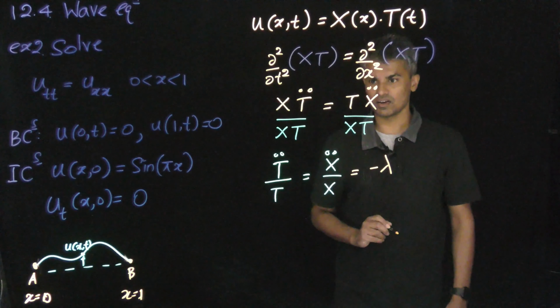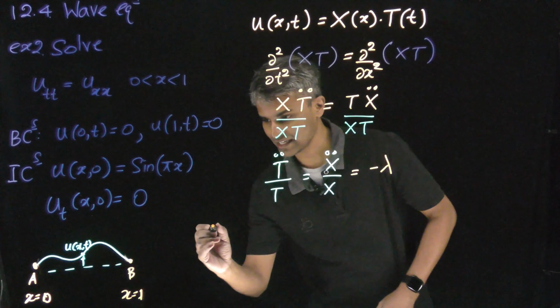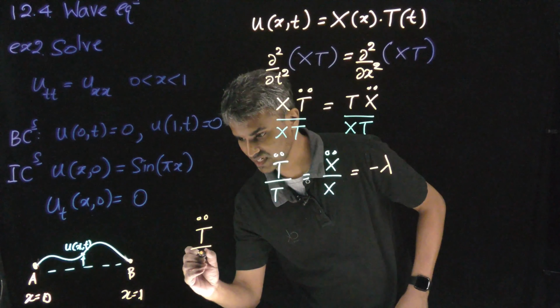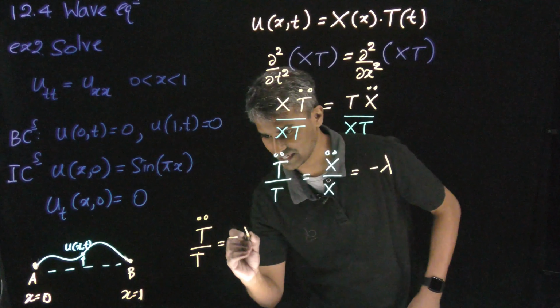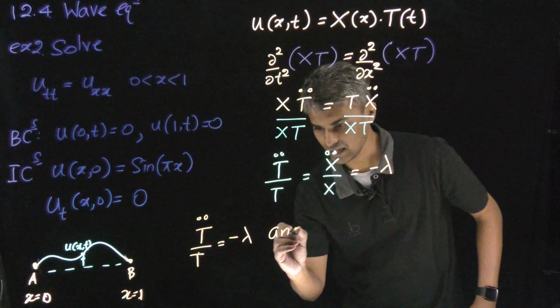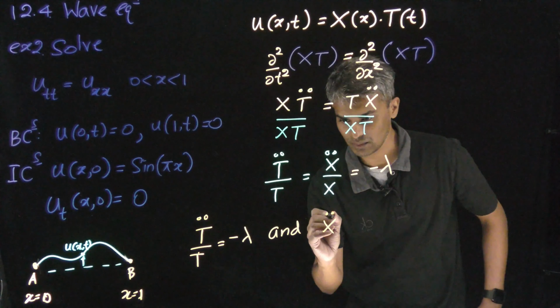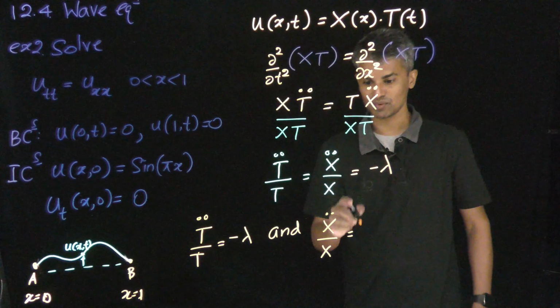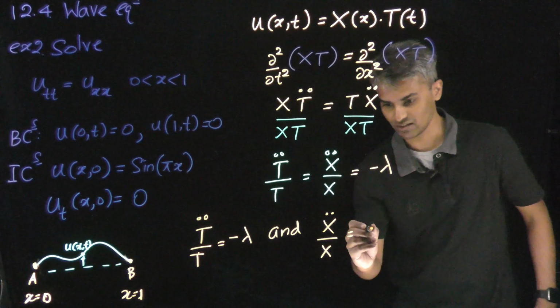Now from this we can get two equations. We have T double dot over T equals negative lambda and big X double dot over big X equals negative lambda.